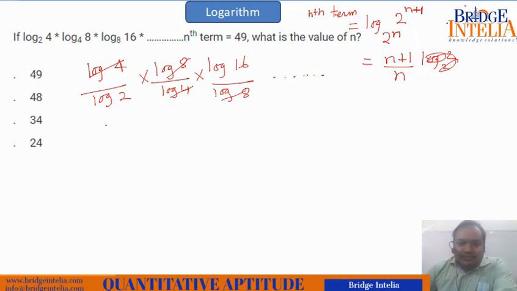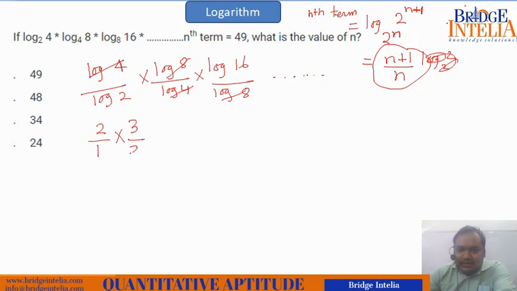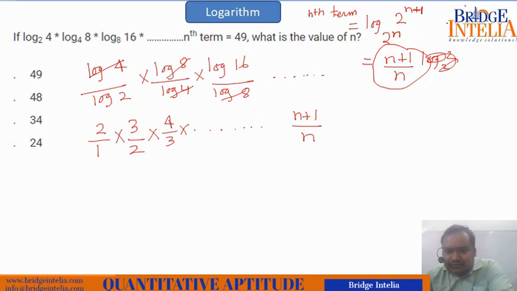Okay, so now let's see. The first term can be written as 2 by 1. Second term can be written as 3 by 2. Third term can be written as 4 by 3. And the nth term is of course n plus 1 upon n. If you see carefully, all these terms get cancelled.